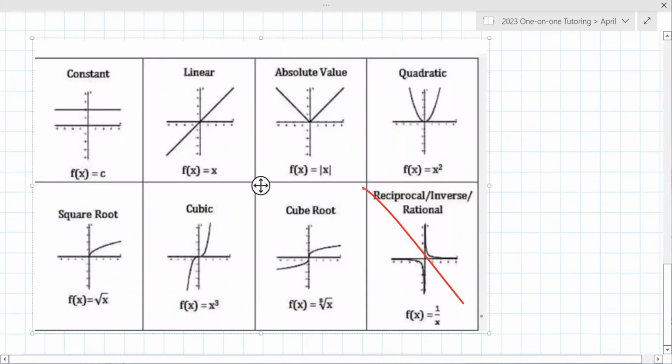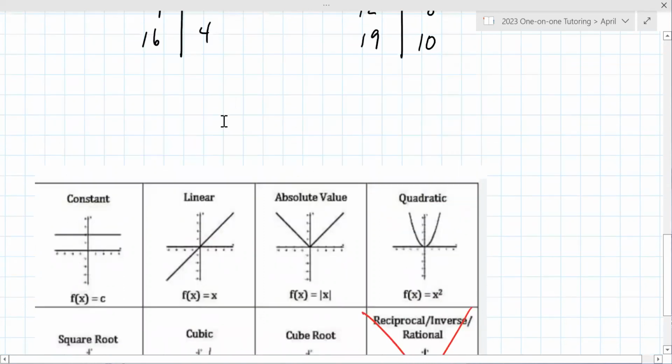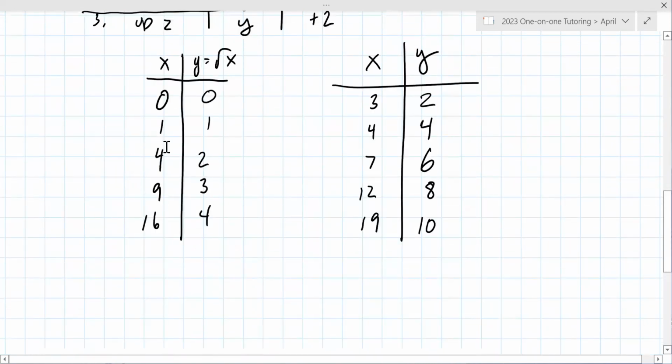Maybe you don't know the last one yet. I don't think you've seen that yet. But there's some expectation that you know this. And we're adding in that now you need to know the parent function for each of these, meaning the table, this table of values.